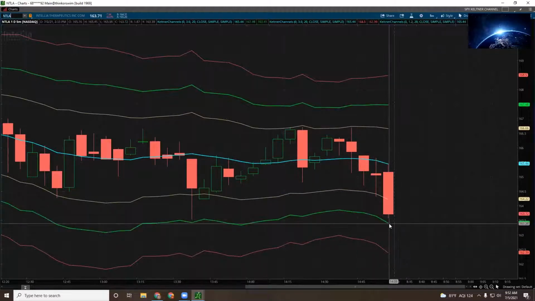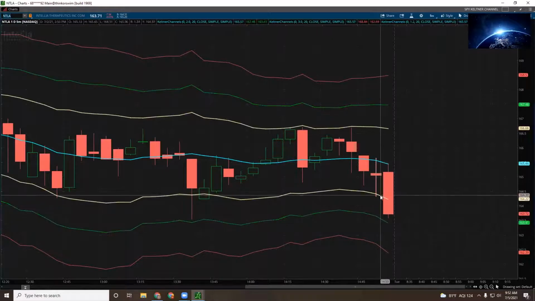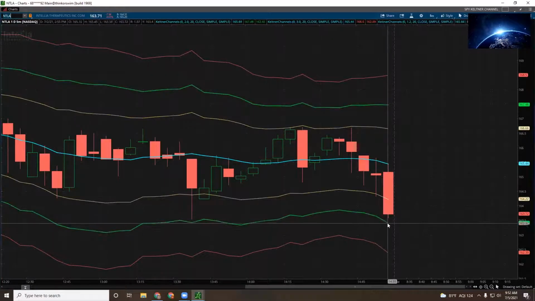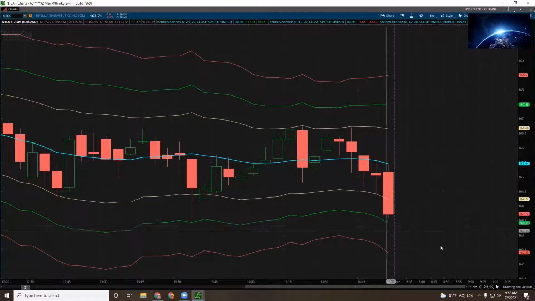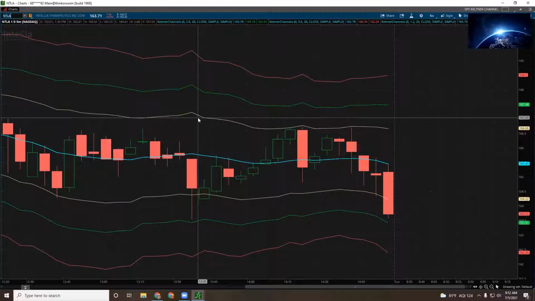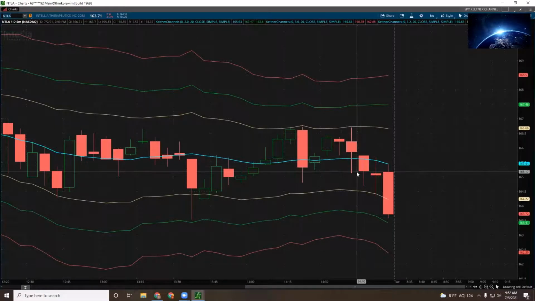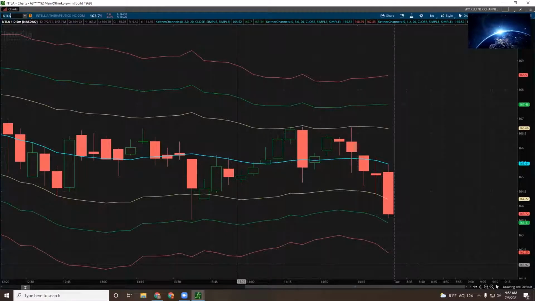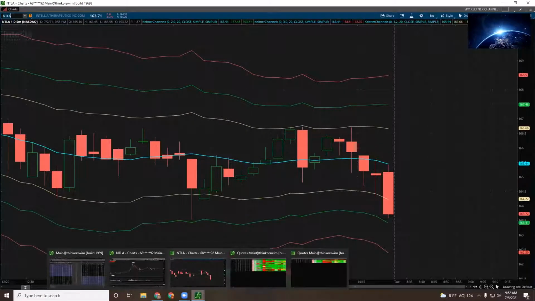So I look at the average true range of NTLA right now. It's 163.4. This is an example. The best case is actually to sell on minus 1 ATR. But since NTLA has already fallen below minus 1 ATR right now, I'll use the minus 2 ATR, which is currently showing 163.41. So I'm going to place a trade at 163.41 with the assumption that NTLA is not going to fall below 163.41. That's essentially the trade.